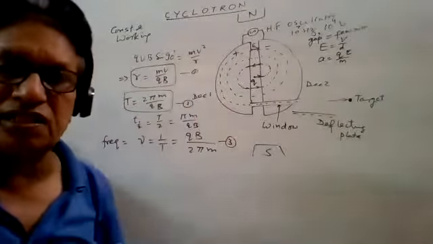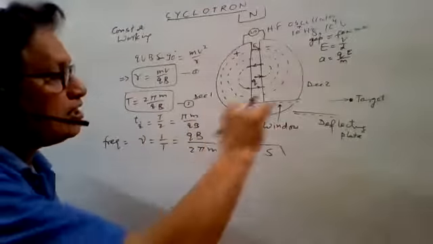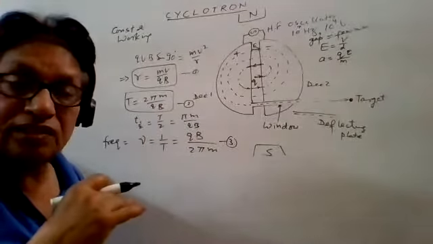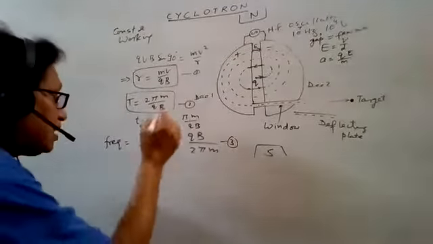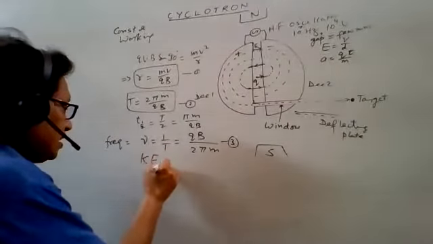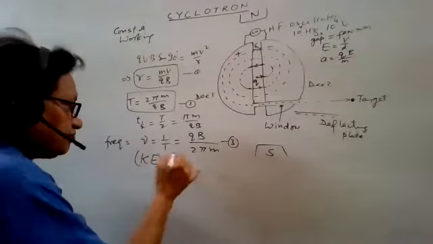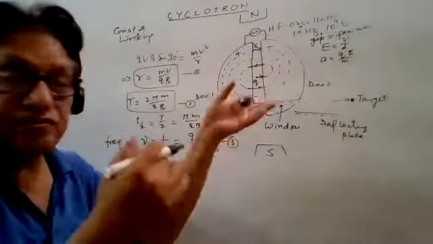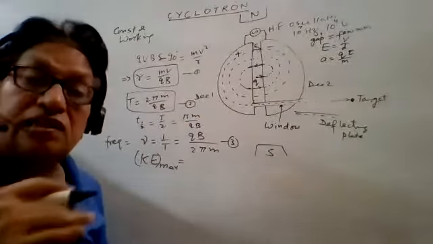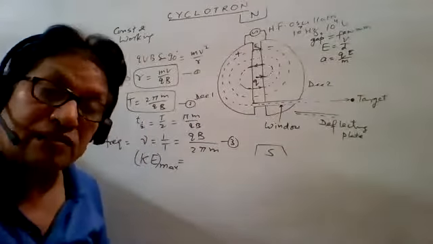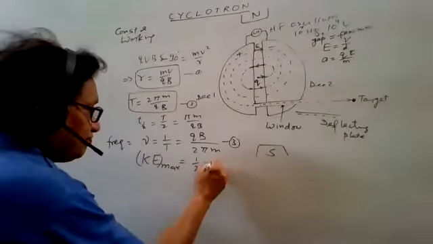The final kinetic energy is what? Let us say at this time it is just coming out through the window, just before hitting the target. What was the final kinetic energy? The final kinetic energy is the maximum, as it comes out from the cyclotron, there's no acceleration. It means it has got the final maximum kinetic energy, and kinetic energy is given by half mv square.